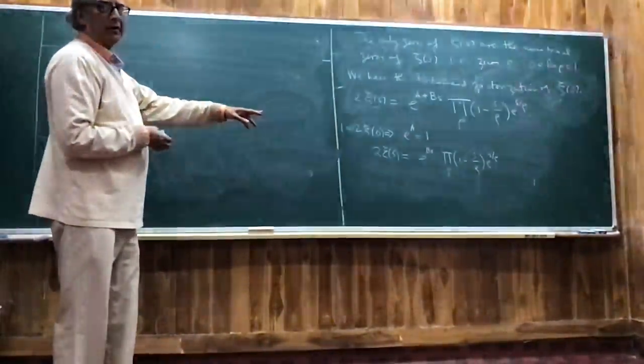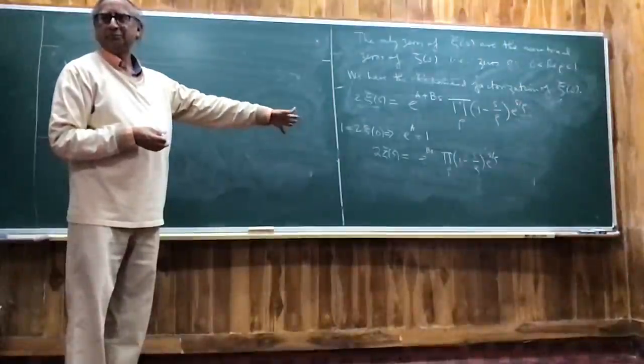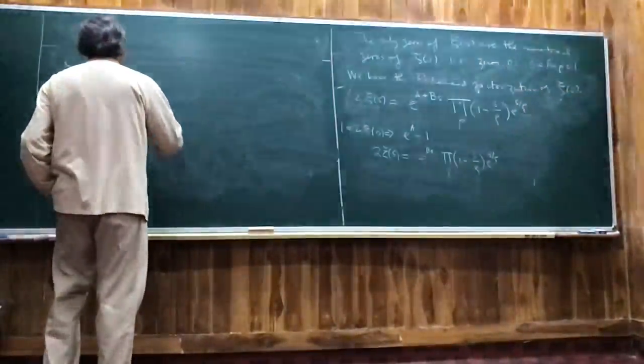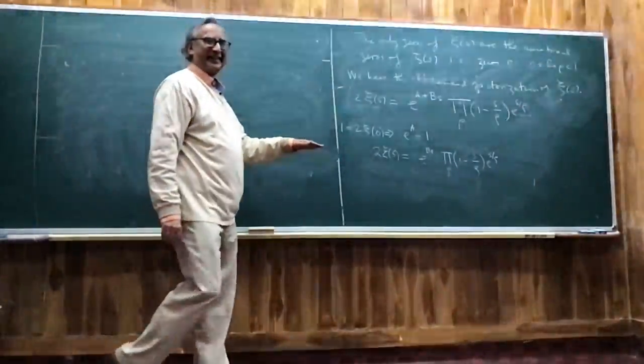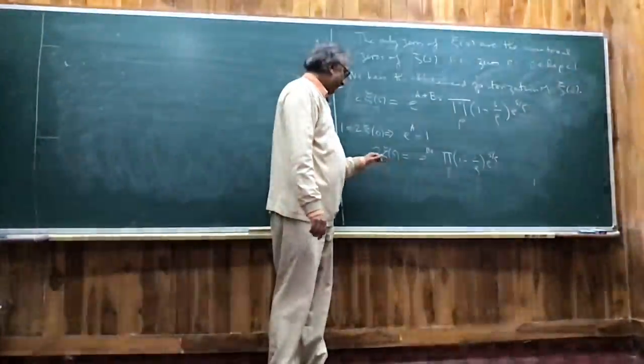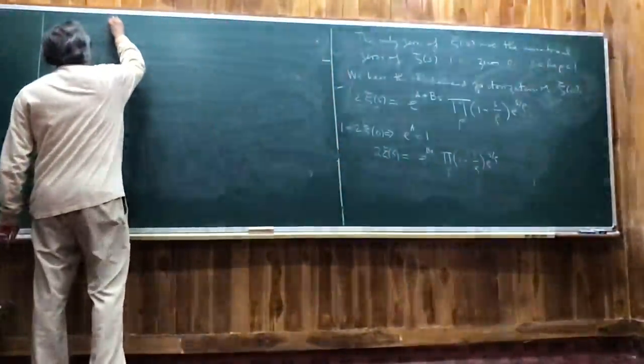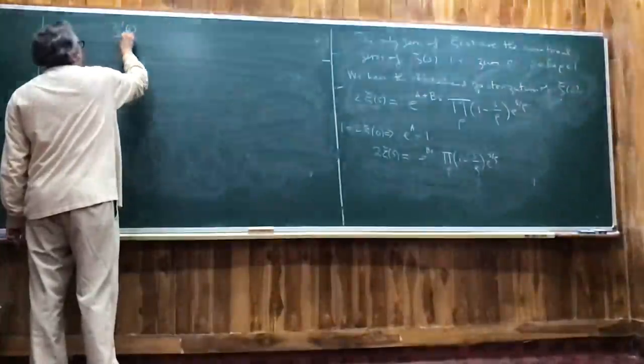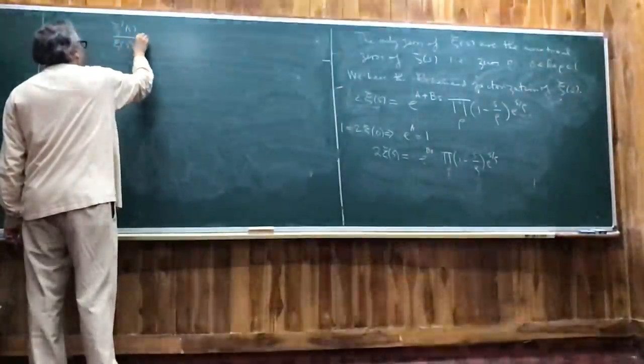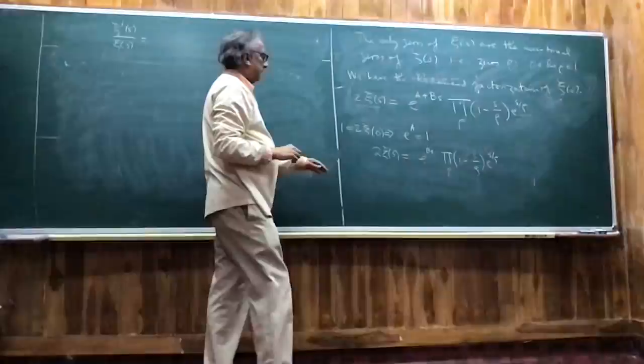And I'd like to now get rid of this B. So take logs and differentiate. That stupid 2 will go away. What happens?